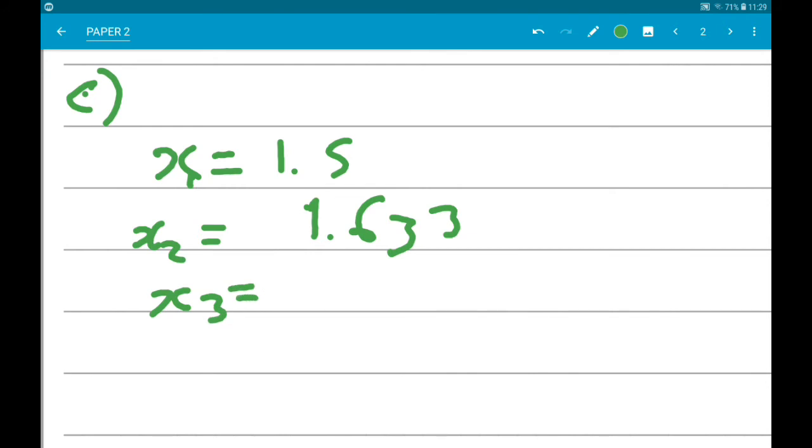Press equals again, and we get 1.466. And then one more time, and we get x4 is 1.673.